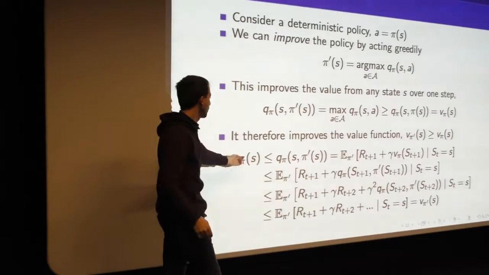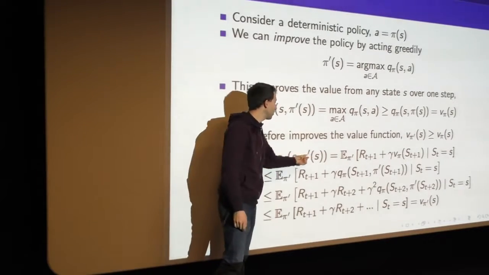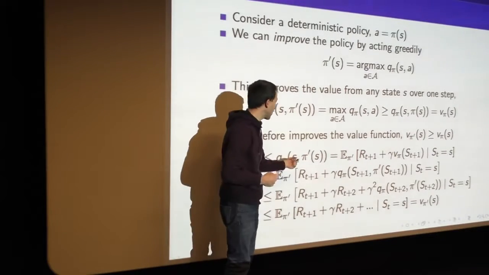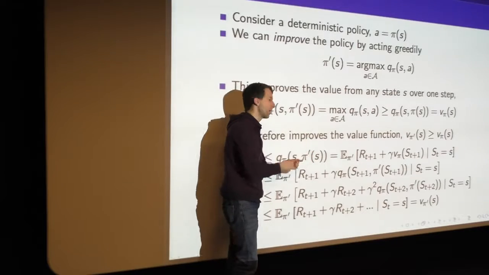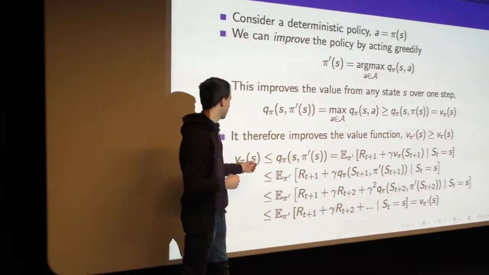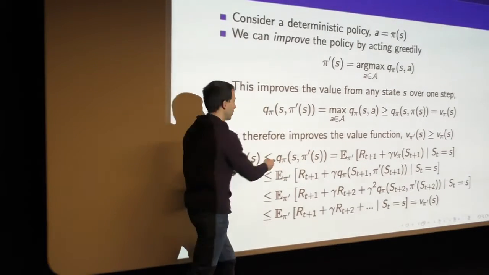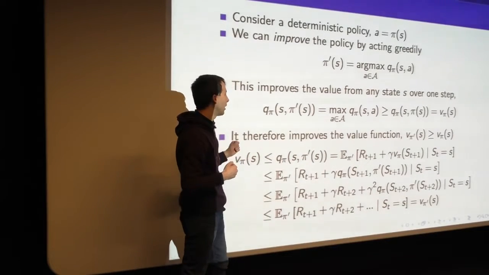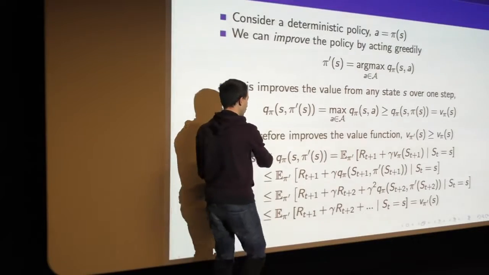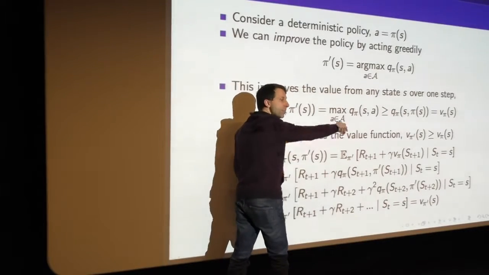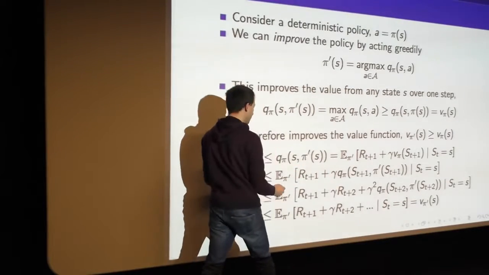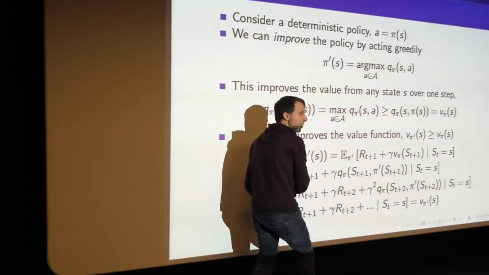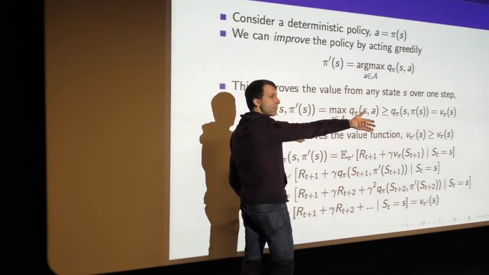So taking our greedy policy for one step is better than the thing we started with. And all we're going to do is unroll this inequality multiple times to show, first of all, that it's better for one step, then that it's better for two steps, then for three steps, and then eventually that it's better for the whole trajectory.